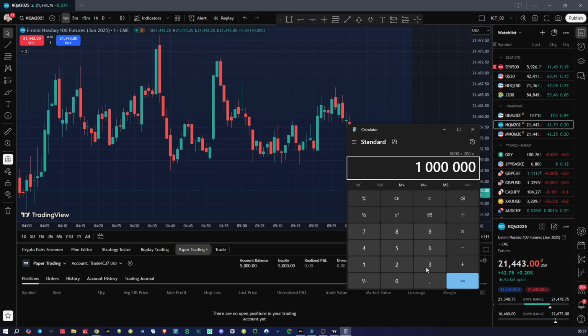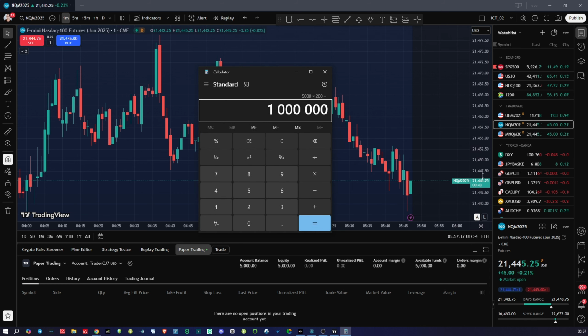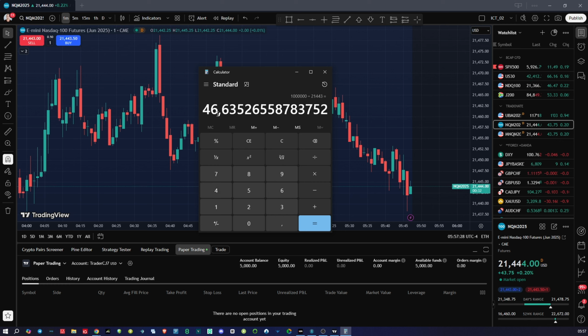So I would be able to trade a lot of contracts with that. Divided by 21,443, that's 46 contracts I would be able to trade with my $5,000.